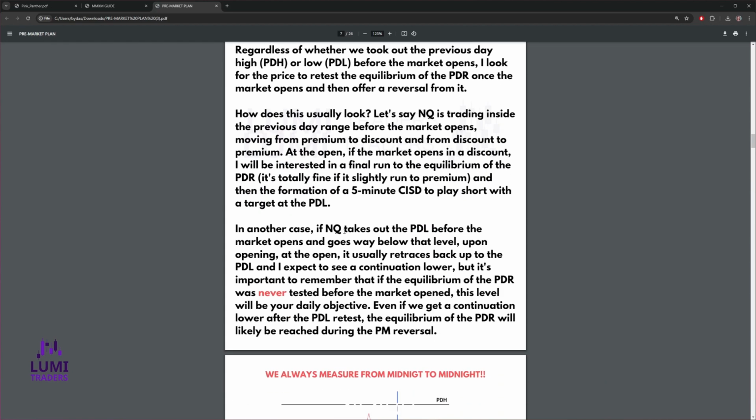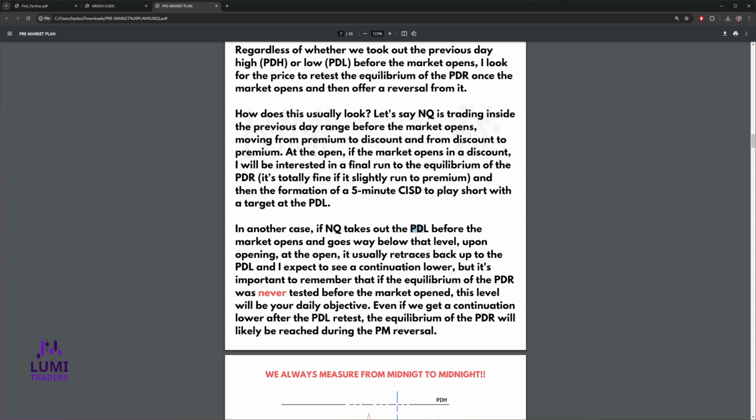In another case, if NQ takes out previous day low level, for example, or high, in this case previous day low level, before the market opens, and goes way below that level upon opening. At the open, it usually retraces back up to the previous day low level. I would say sometimes price retraces back to the previous day low level, an RTH test for example, but most of the time it simply continues going down.